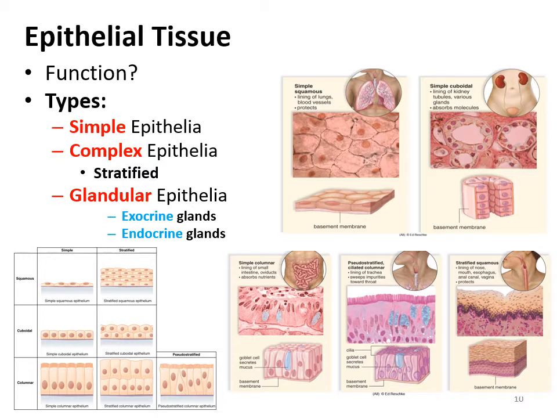Okay, you then have glandular epithelia. And that's epithelia that can secrete products, okay? If you think of your glands, they're secreting. So it makes sense that glandular is now the epithelial tissue that secretes stuff. And you can break that down into exocrine or endocrine. And the difference being exocrine glands, they secrete their products into ducts, okay?